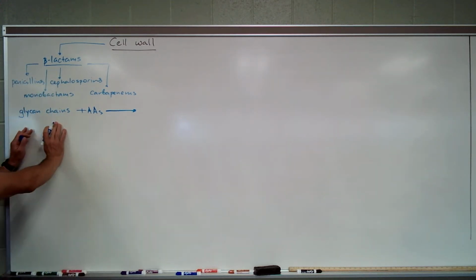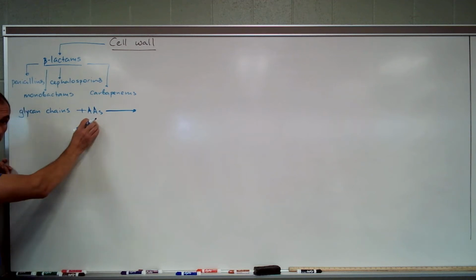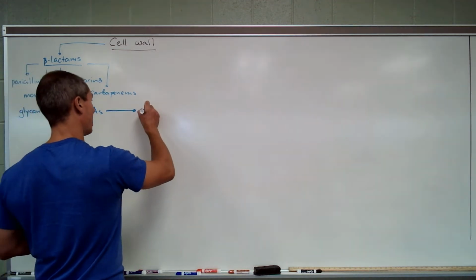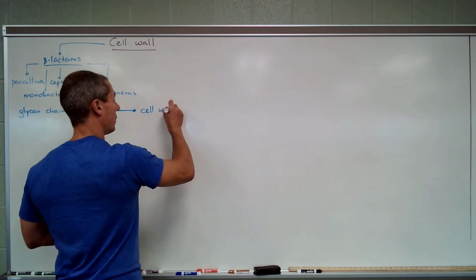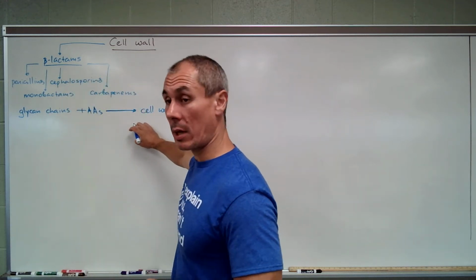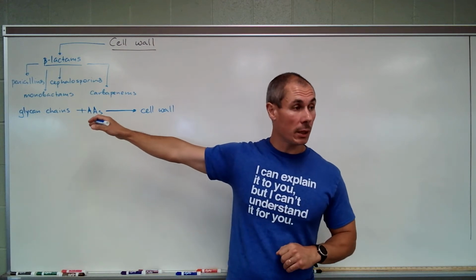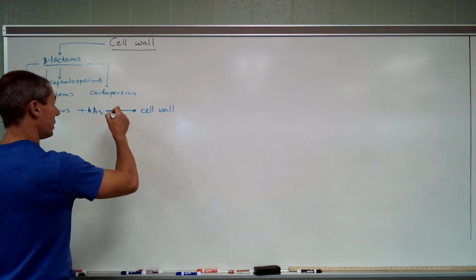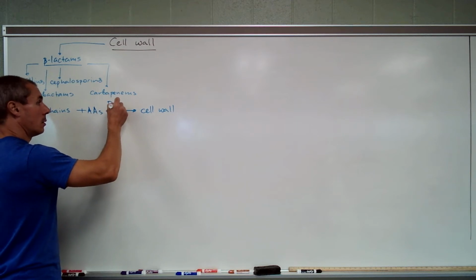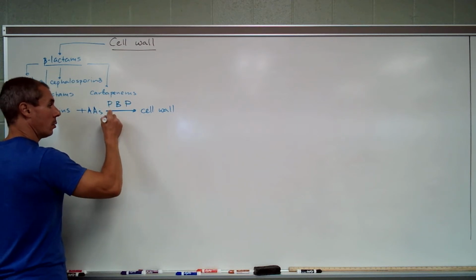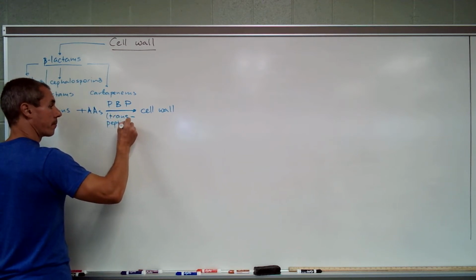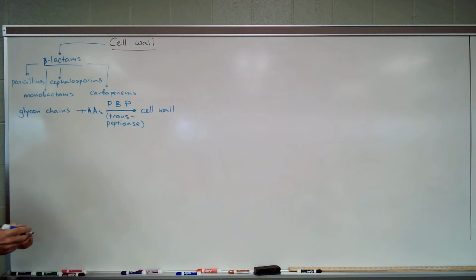So you take glycan chains, and using amino acids you form peptide linkages, and you get a proper cell wall. This is not a chemical reaction, it's more of a process. Are you following me here? So this formation of peptide linkages is facilitated by the enzyme called penicillin binding protein, or transpeptidase. Are you following me so far? We good?